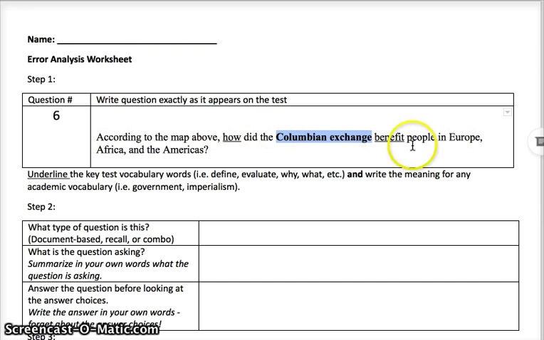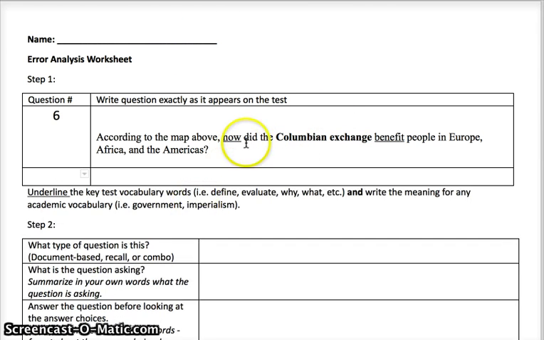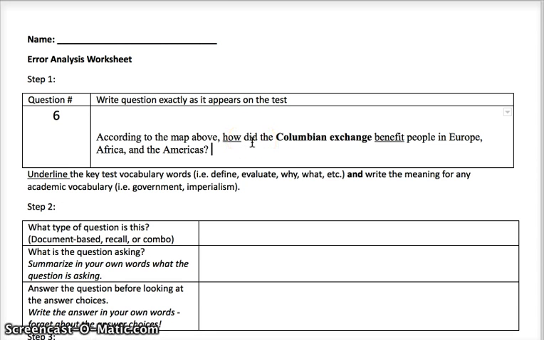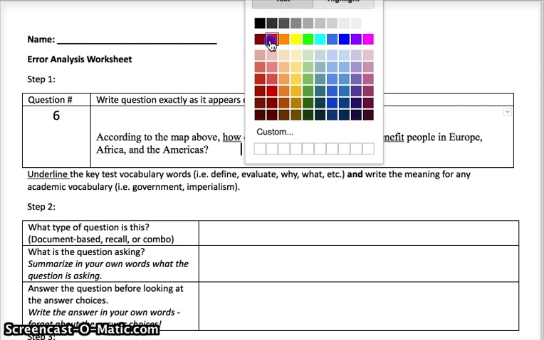So that's basically where we want to end on this one, on the academic vocabulary. And then you are going to define that. So the Columbian Exchange, and I'm going to write it in red, whereas you all can just write it on your paper, draw a little arrow, and write it on there.